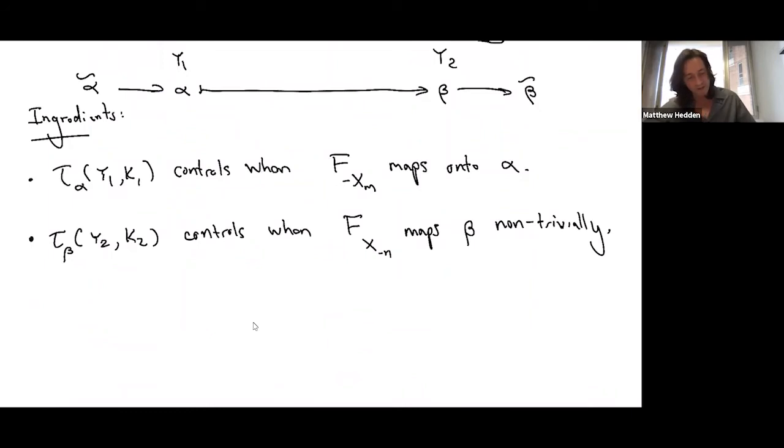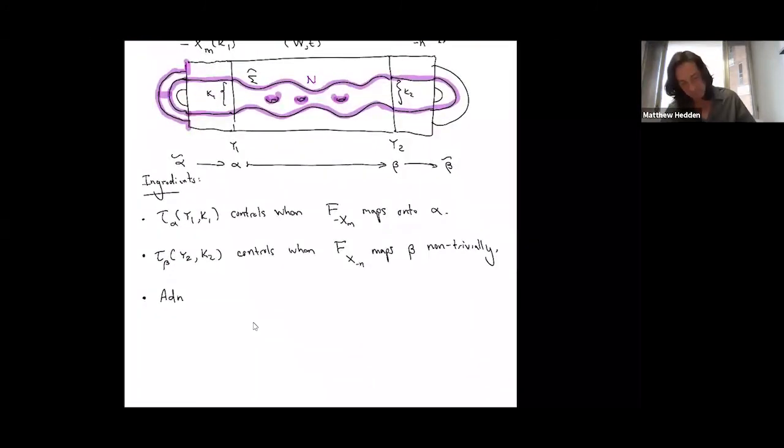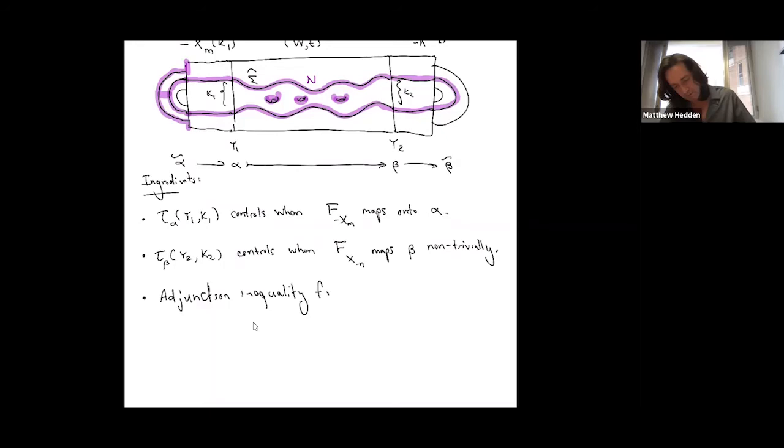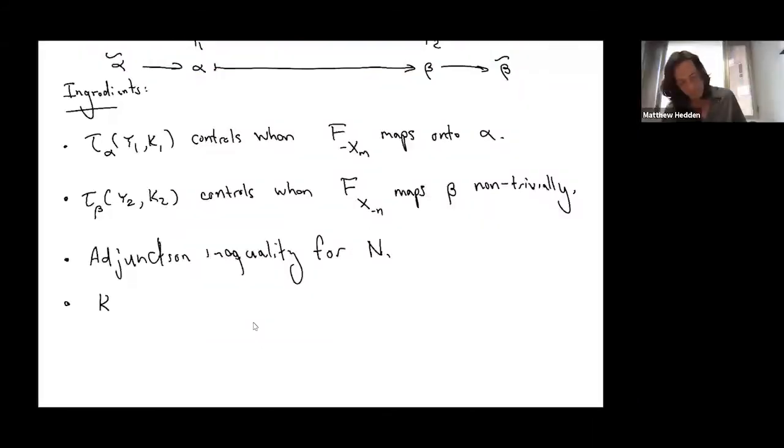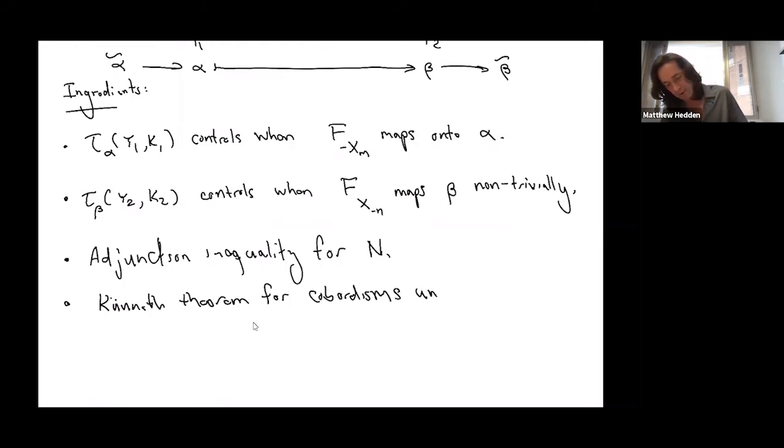And so then the next ingredient is we need an adjunction inequality for this cobordism N. And so in order to prove that, one thing we use is a kind of Künneth theorem for cobordisms under an operation we call arc sum.